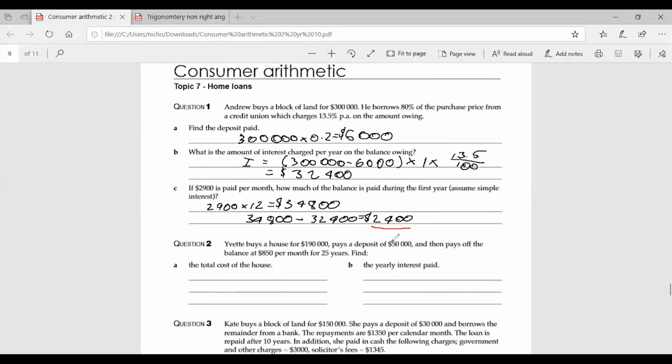So even though he's paying 32,400 off of his home loan, it's only 2,400 that actually gets taken out of the balance. Does that make sense? Yeah. All right. Can I get you to write this down? Let me know once you've got it down.